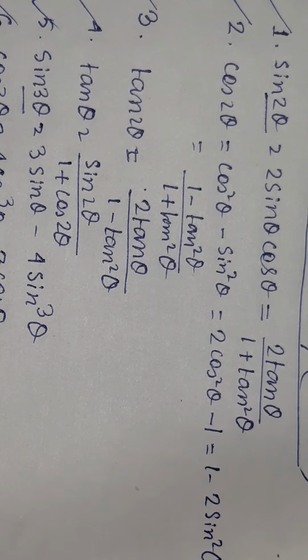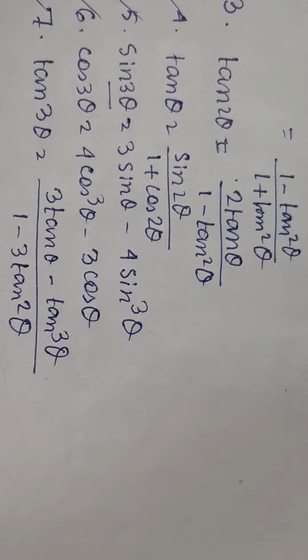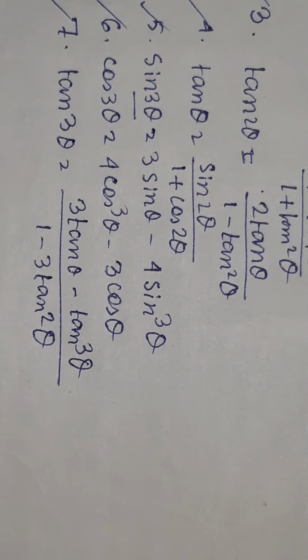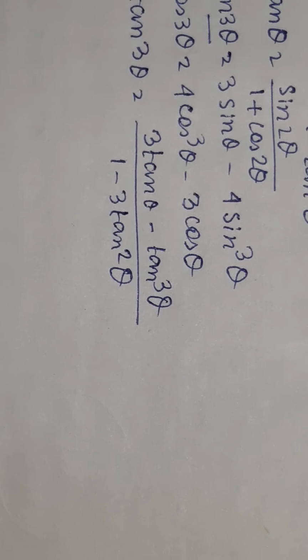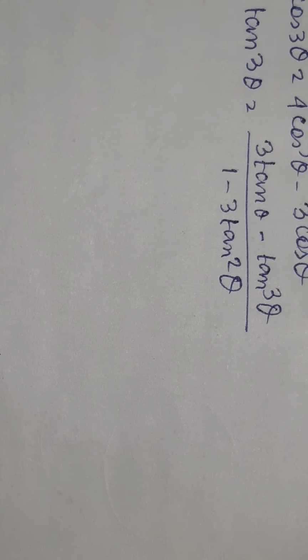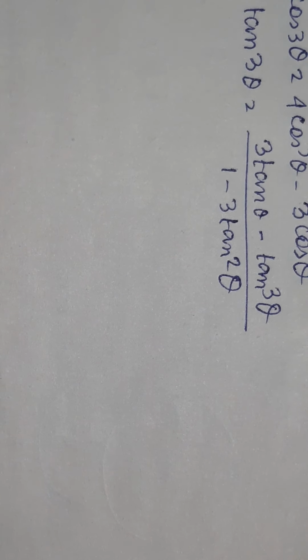Now we will move to our next topic: what are the trigonometric ratios of different important values, like what is sin 18, what is sin 54, like tan 15 degree, something like that.